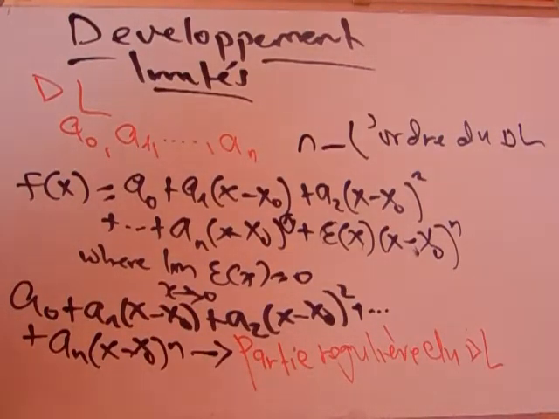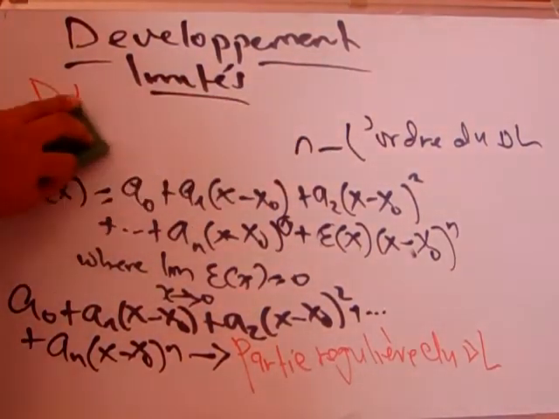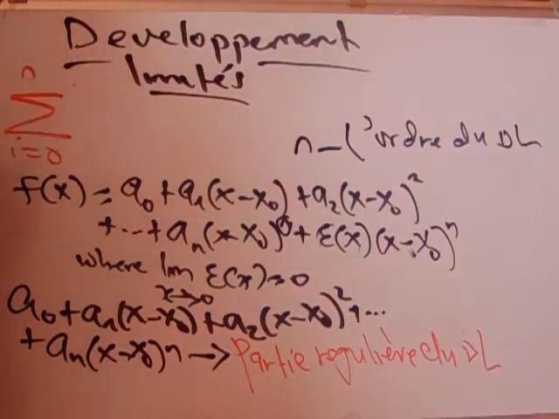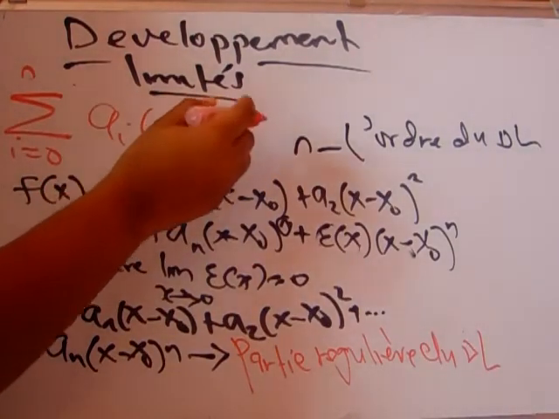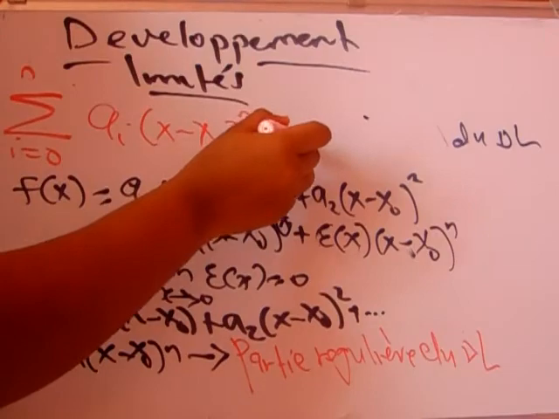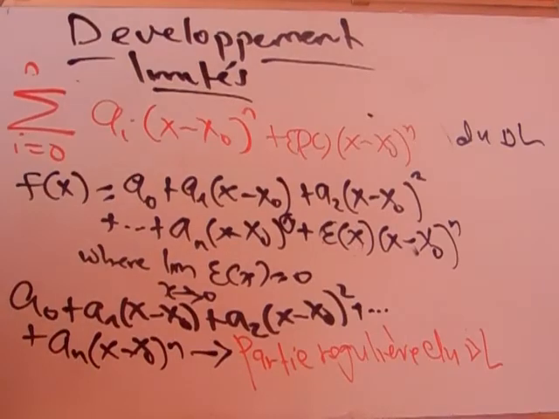So this is the formula. And if you notice, since we're talking about it being the sum, we can summarize it as the sum for k equal to 0 up to n of ak (x minus x0) to the power k, plus (x minus x0) raised to the power of n times epsilon of x.